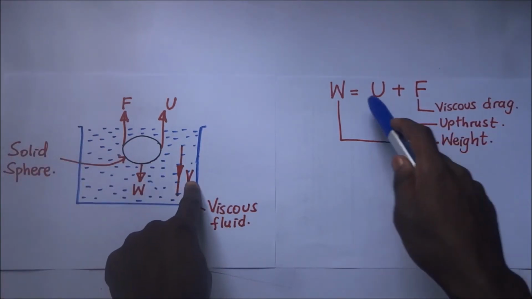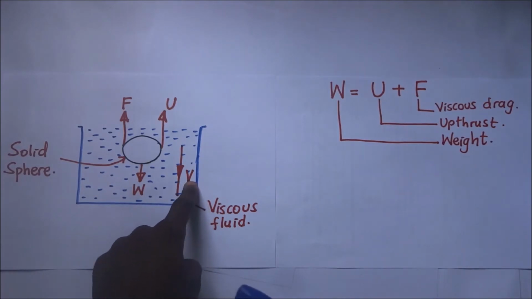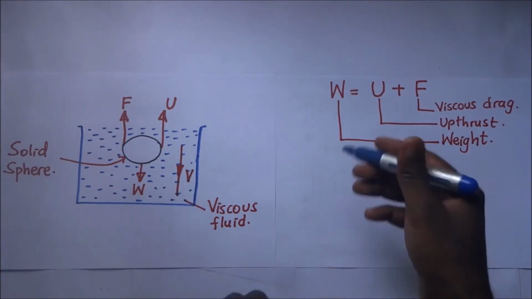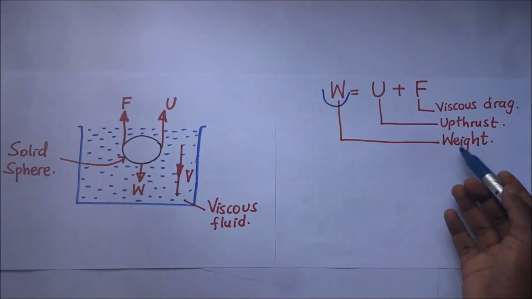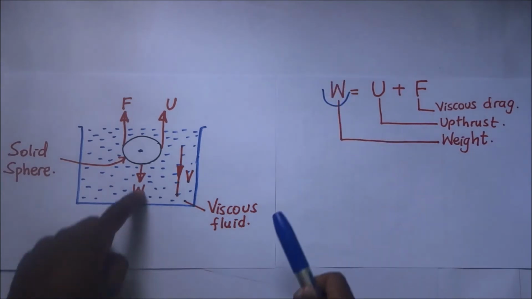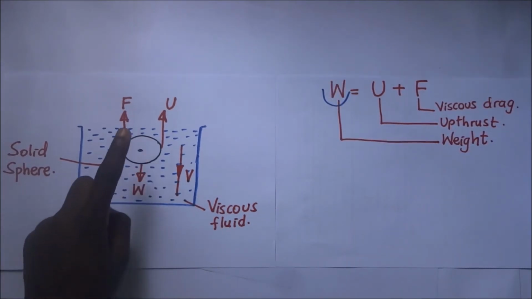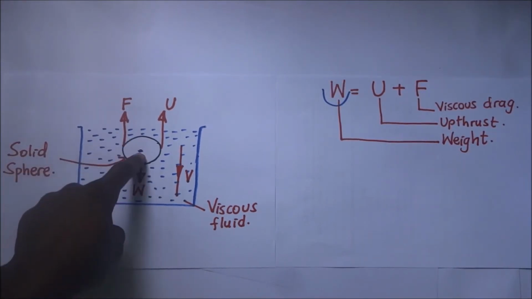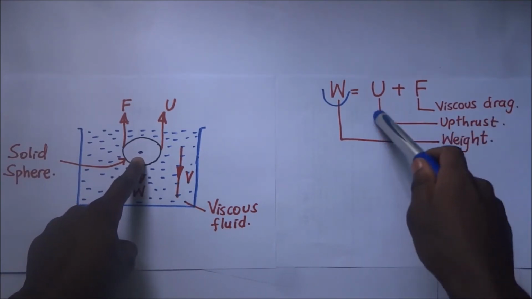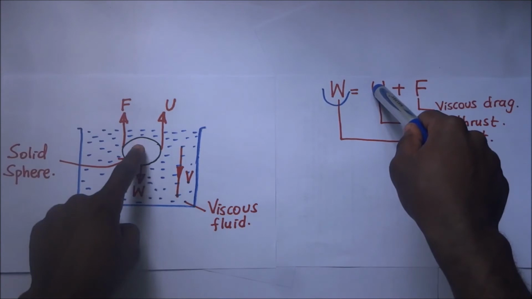And now we want to use this to find the expression for terminal velocity. So what we are going to do, one, we are going to first find the expression for weight of this ball. We know that weight is going to be equal to mass times gravity. So we need to find the mass of this ball and the acceleration due to gravity. Then we also need to find the upthrust that is experienced by this ball.